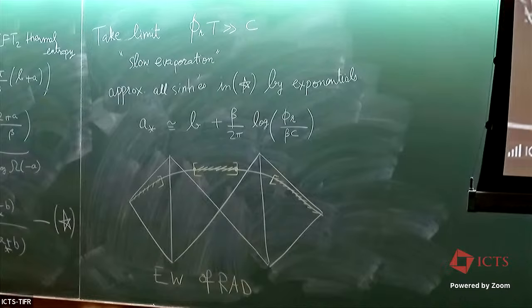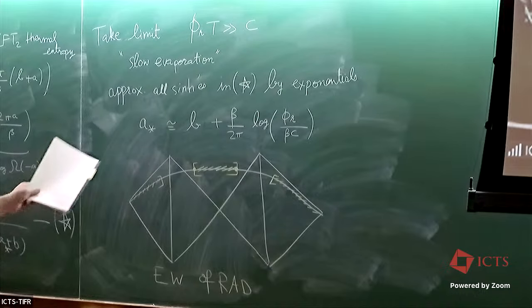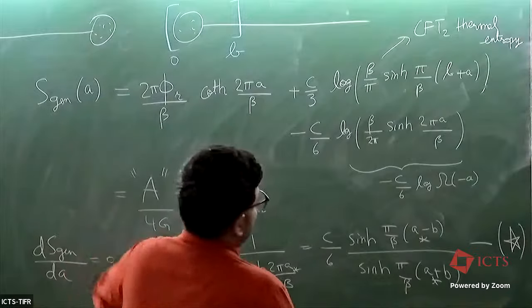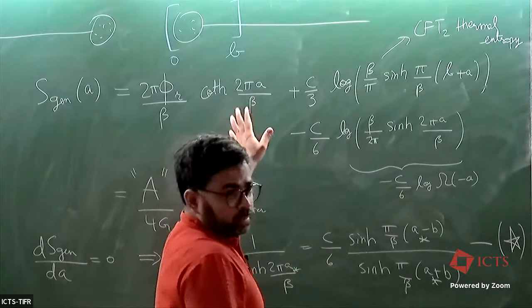And the last thing we should do is we still need to get that flat part, the top thing. You just take this value of A and you plug it back in here to find what the S gen of A star is. And you will find that it is essentially given by the first term.